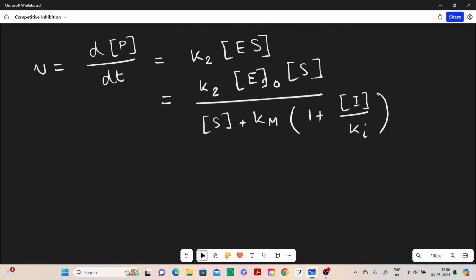So now we know that K2 multiplied by the initial enzyme concentration is the maximum rate, or Vmax.